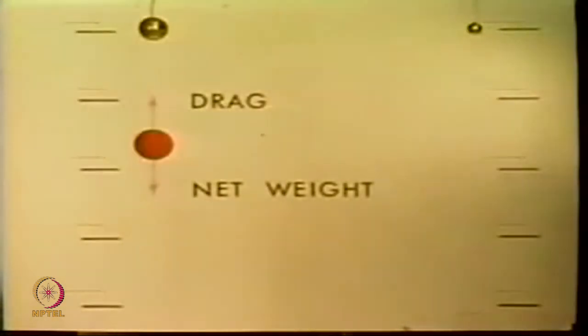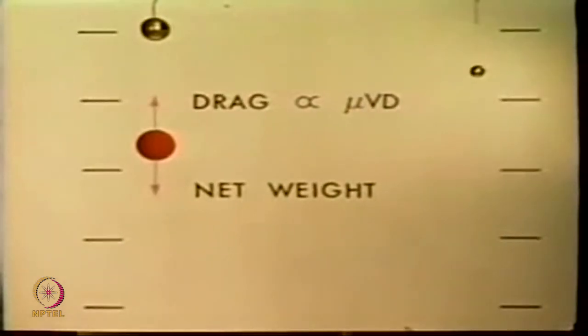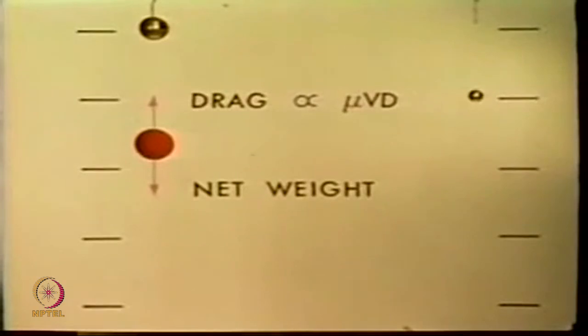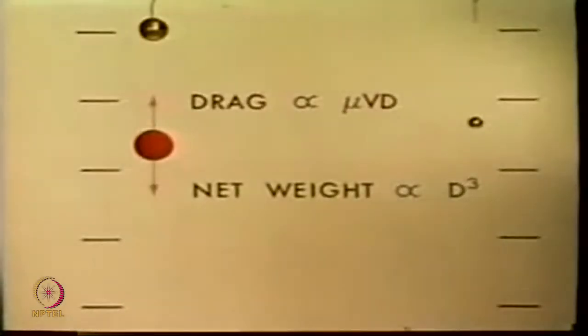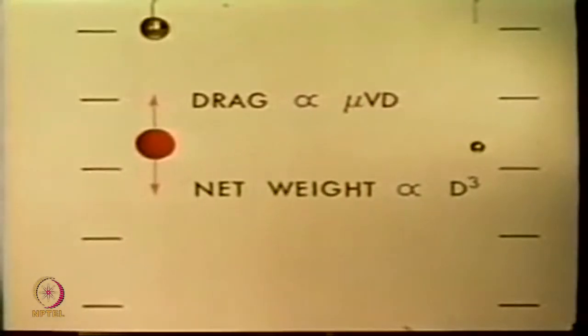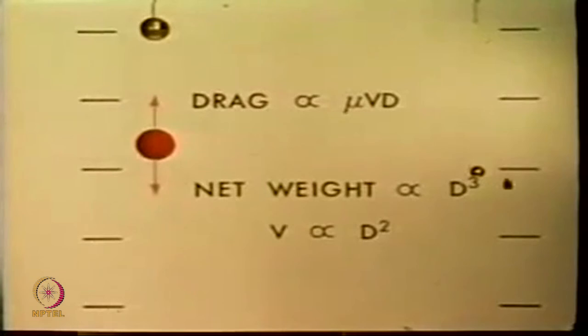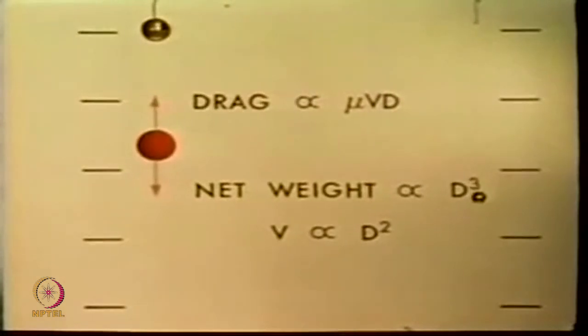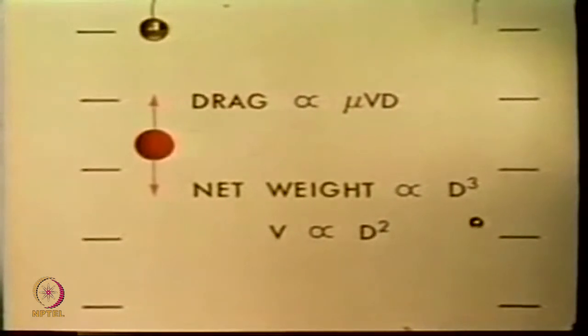The net weight of the sphere is proportional to the cube of its diameter. The velocity is therefore proportional to d squared. They have diameters in the ratio of 2 to 1, so that the larger one falls in syrup 4 times as fast as the smaller.